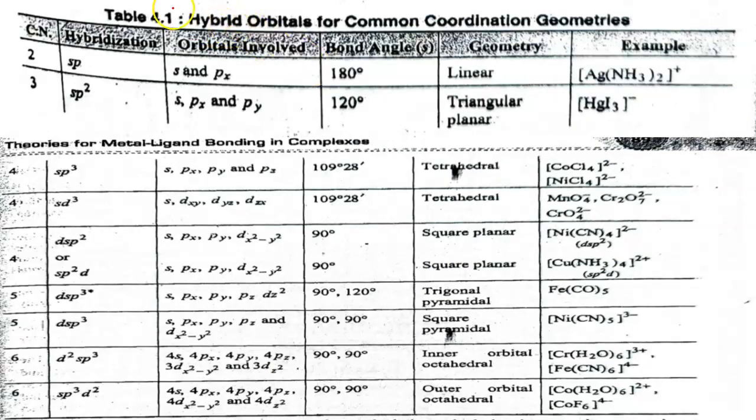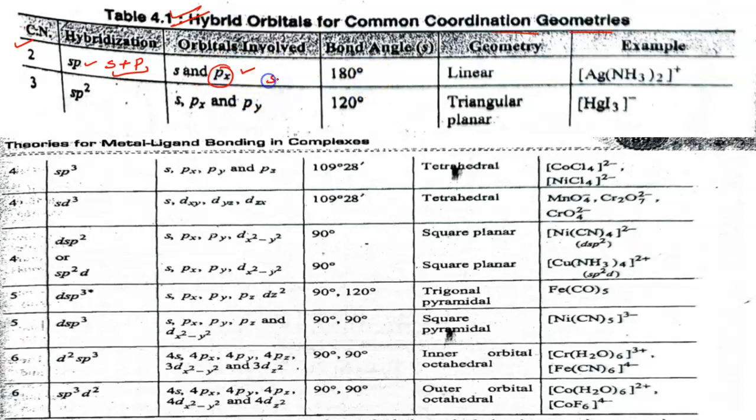Here come the hybrid orbitals involved in the most common coordination geometries. If we talk about coordination number 2, the hybridization is sp, because one s and one p orbital are involved in bond formation, and the p orbital involved is px.